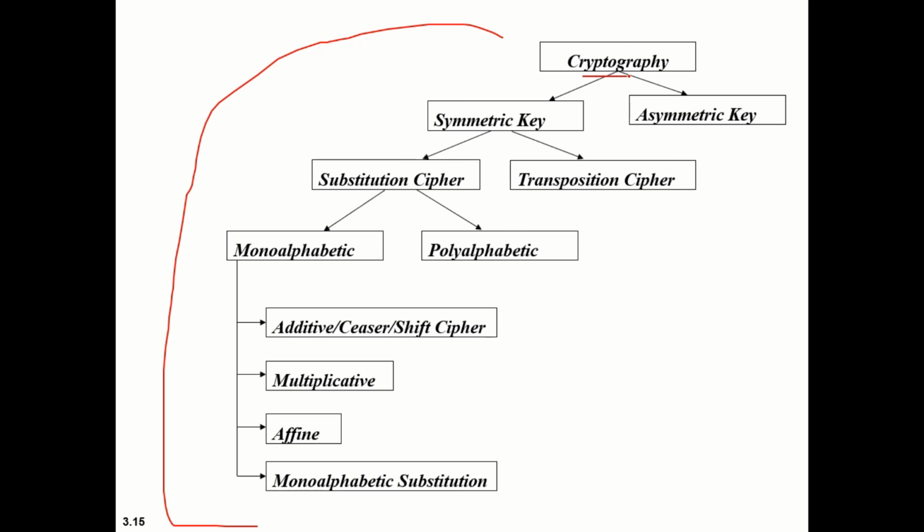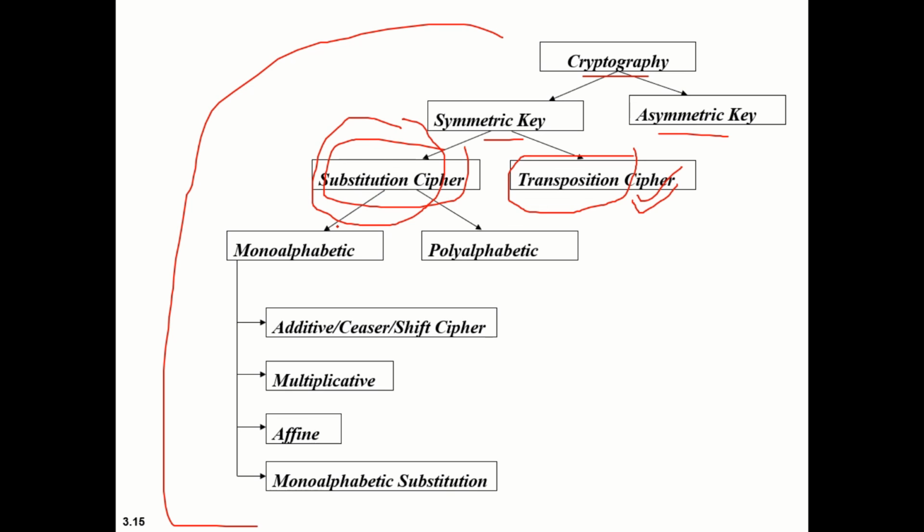Initially we discussed cryptography, then symmetric key cryptography and asymmetric key cryptography. Then in symmetric, we discussed substitution cipher and transposition cipher. This transposition cipher we'll talk about later. Right now we are focusing on substitution cipher.